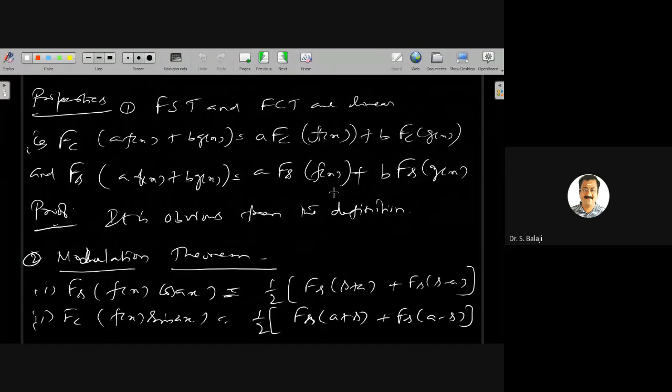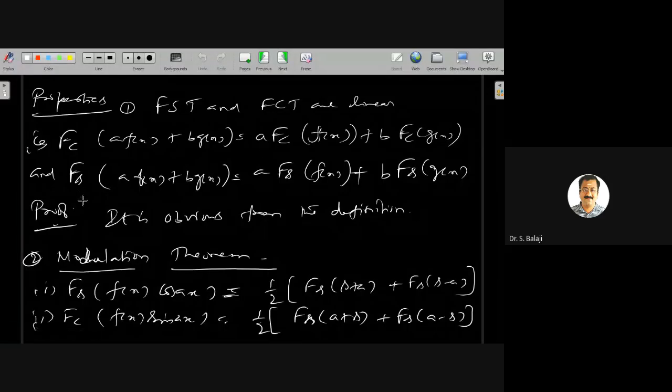We'll see some properties of the Fourier sine and cosine transforms. First, FST and FCT are linear. That is, Fc of A f of x plus B g of x is equal to A into Fc of f of x plus B into Fc of g of x.